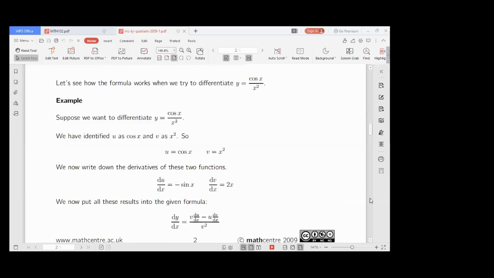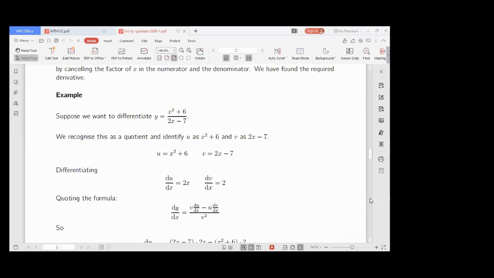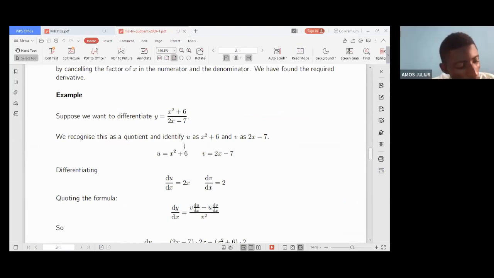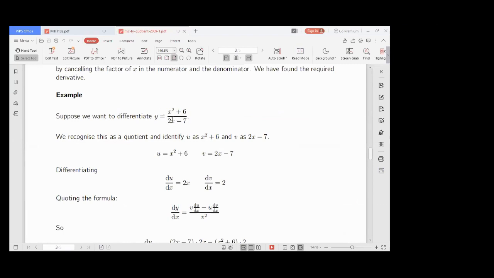It's here. Can you see my slide now? Yes, sir. Okay, let's just take this one. Can you see this example? Hello? Yes, sir. Can you see this example? We can see it. Let us know this example and use the formula to solve this example.